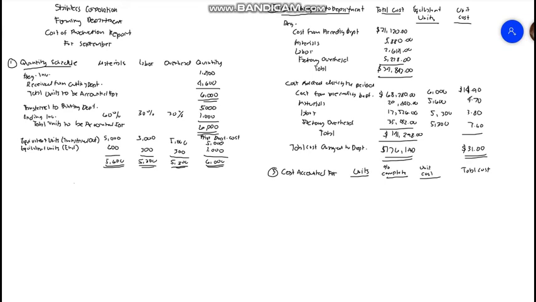So transferred out would be 5,000 units. Percentage of completion is 100%. The unit cost for that one is $31. So 5,000 times 100% multiplied by 31. So that's 155,000.